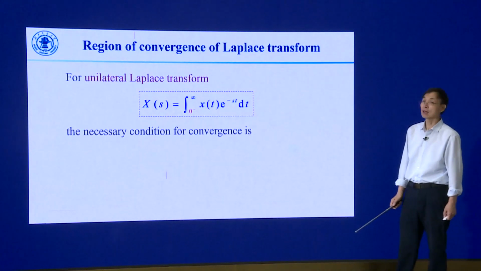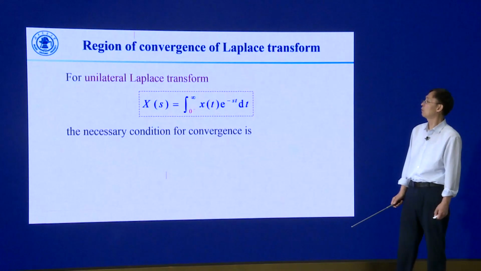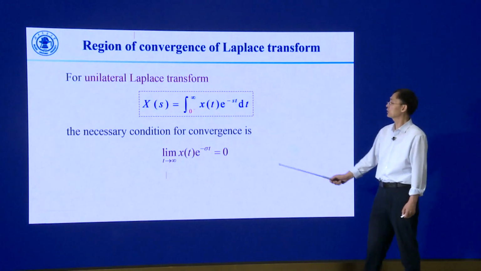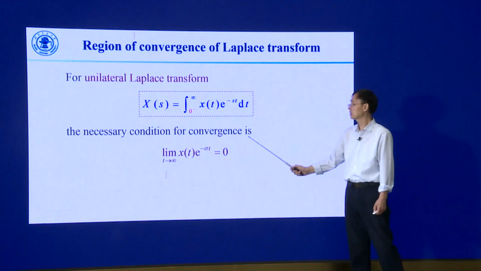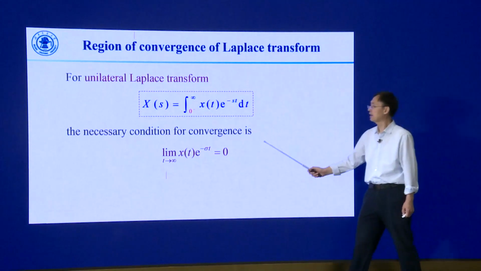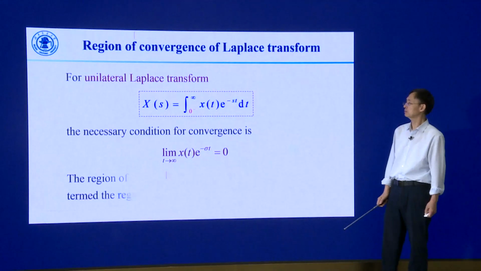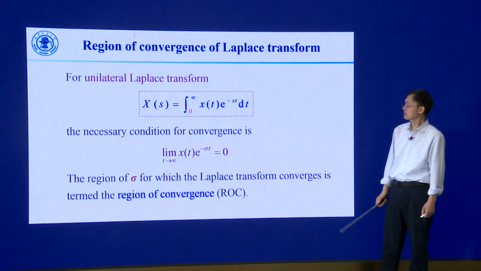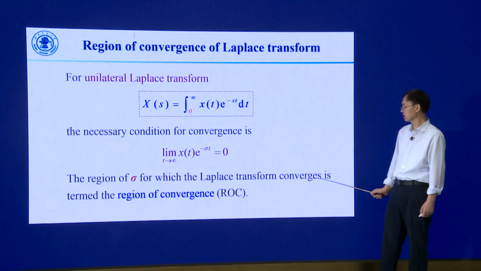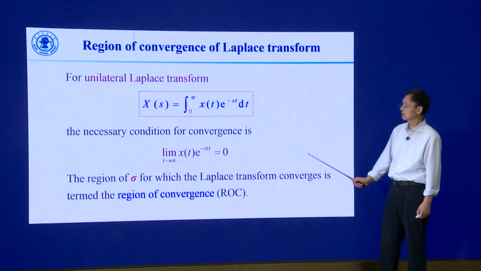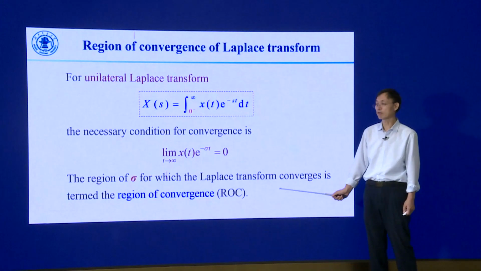For the unilateral Laplace transform, the necessary condition for convergence is defined as this equation. Similarly, the region of sigma for which the Laplace transform converges is termed the region of convergence.